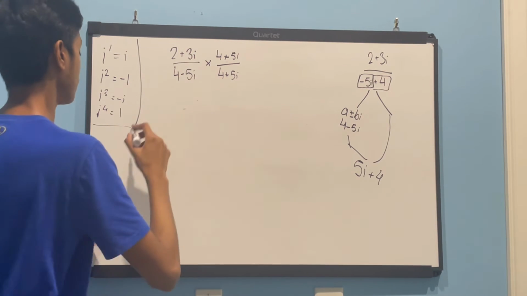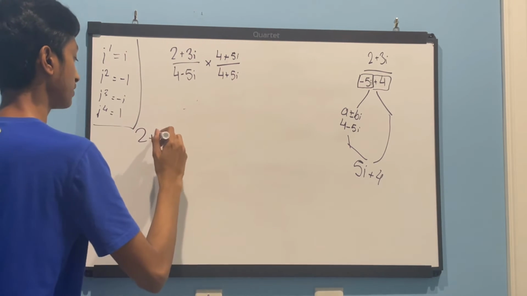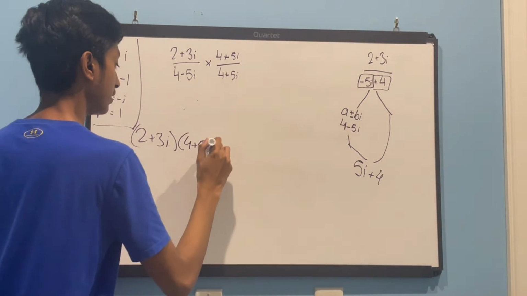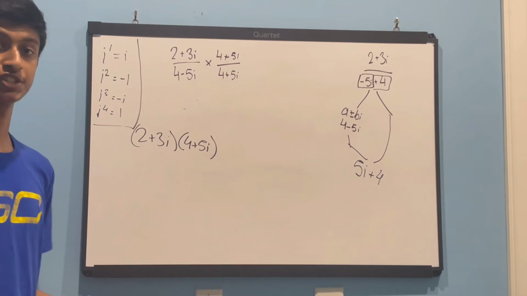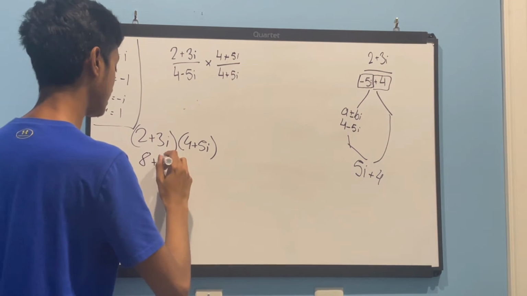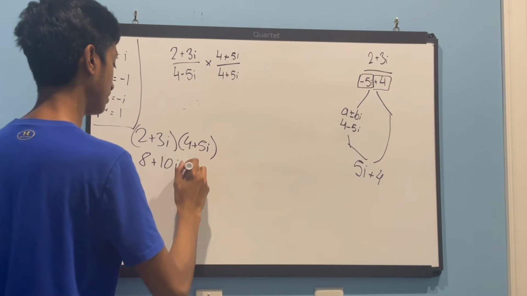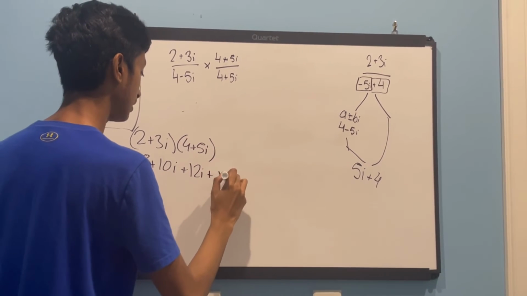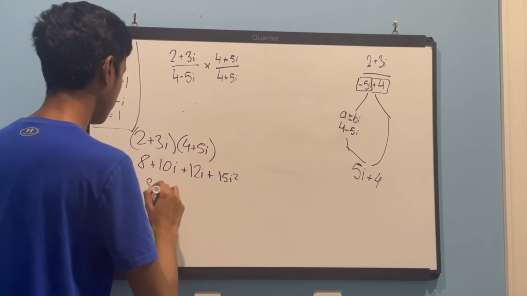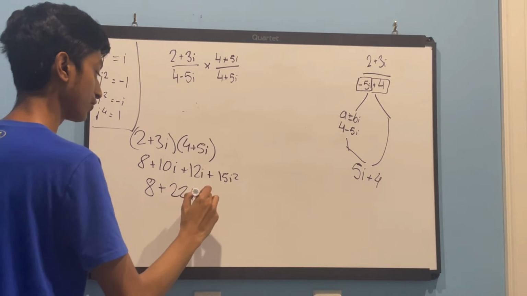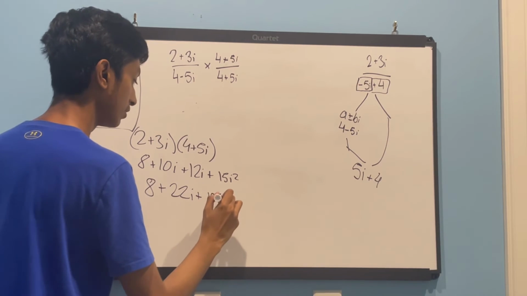So I'm going to bring this over here: 2 plus 3i times 4 plus 5i. And we just do the exact same multiplication concept we covered earlier. So that'd be 8 plus 10i plus 12i plus 15i squared. That'd give us 8 plus 22i, plus 15 times negative 1.